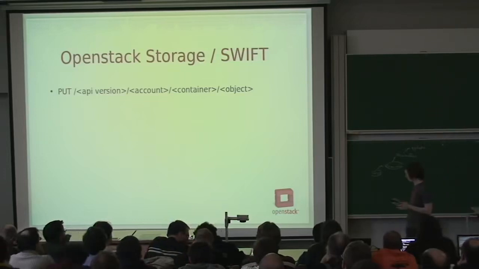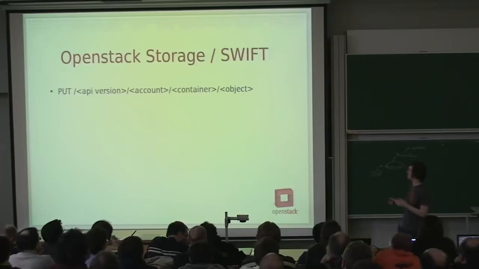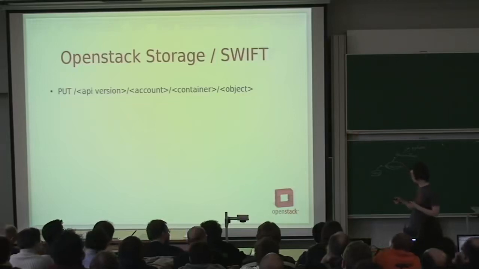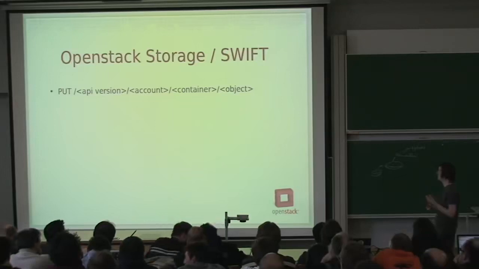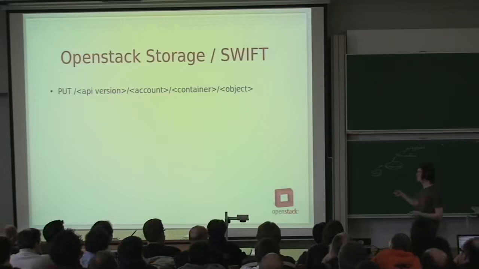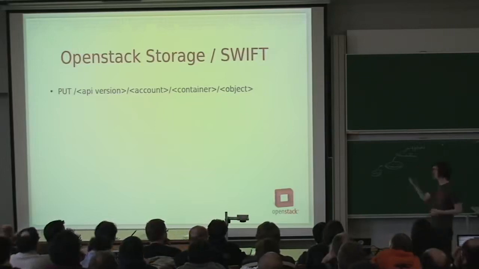So instead, Swift does it all by looking at the stuff that you provide it. The API version is a given, it's not really very interesting. So you give it 3 pieces of information: the account name, container, and object. So I might want to store something. The account name could be Soren, container could be wheres, and object could be Windows 7.iso.